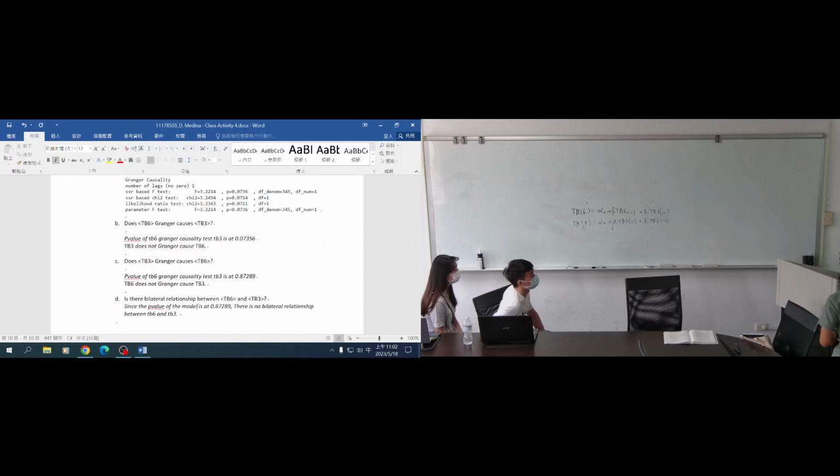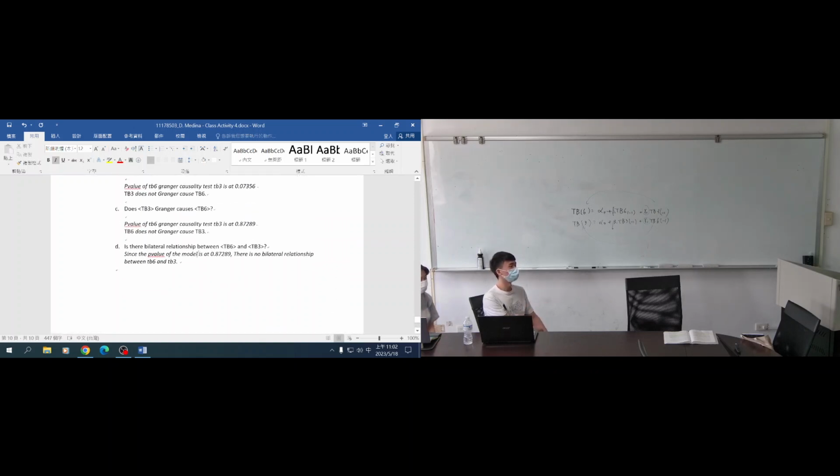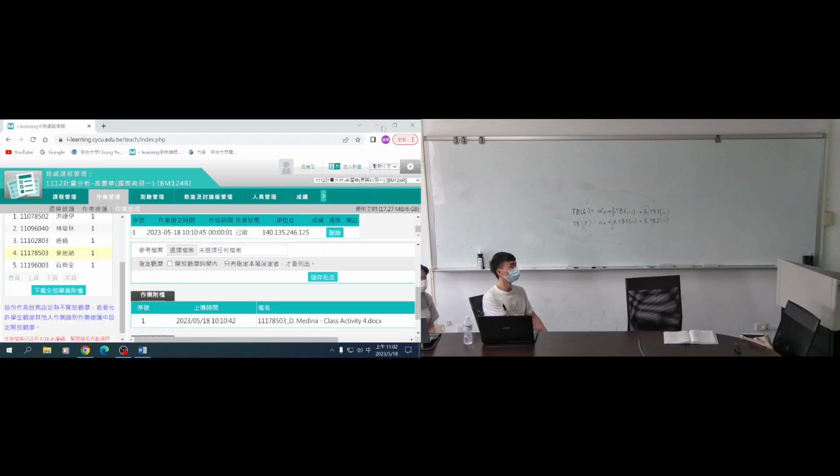So this is what you have, right? The 0.07 should also be here since we are comparing TB3, TB6 to 6, TB3. So both are greater than 0.05. Let me go back to my materials about Granger causality.